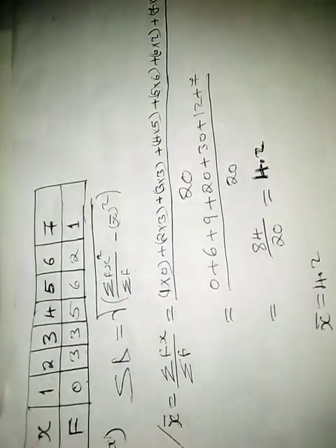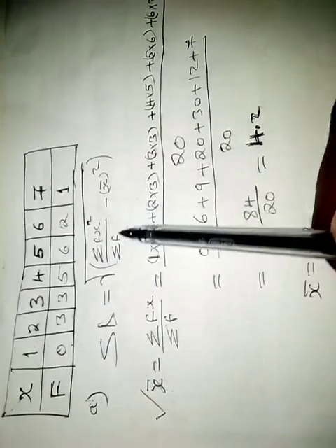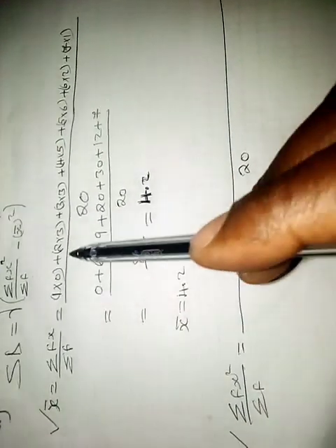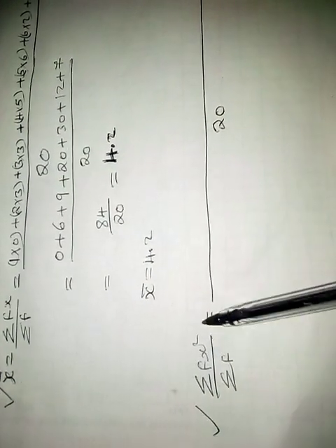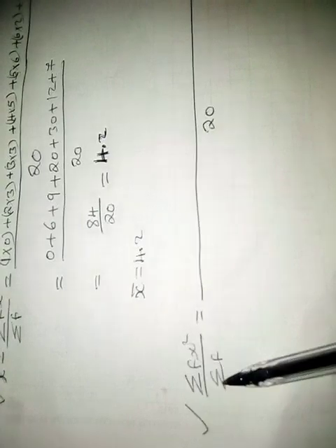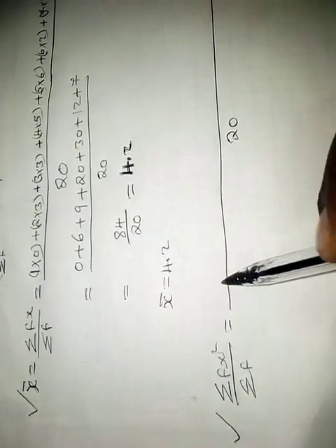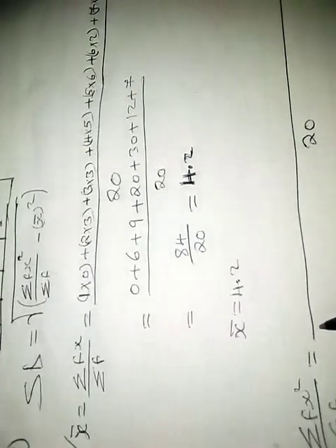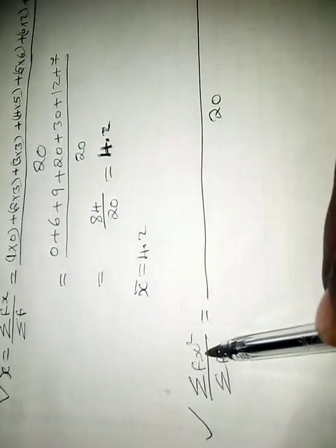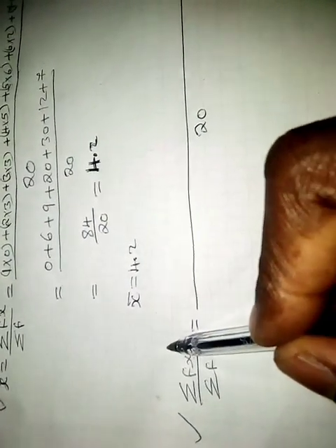Now let's turn attention to finding this part right here. So we've extracted this from the formula. Remember, this is the summation of fx squared over the summation of f. So let's get started.